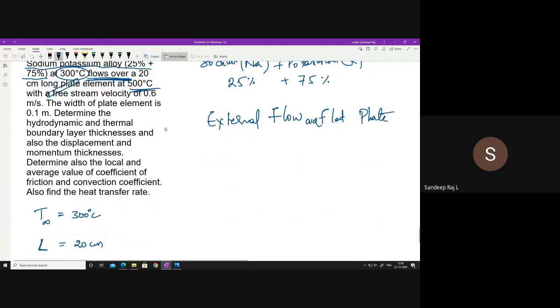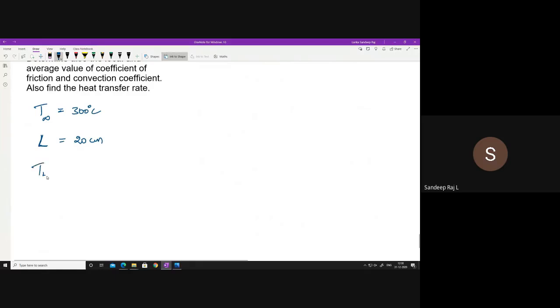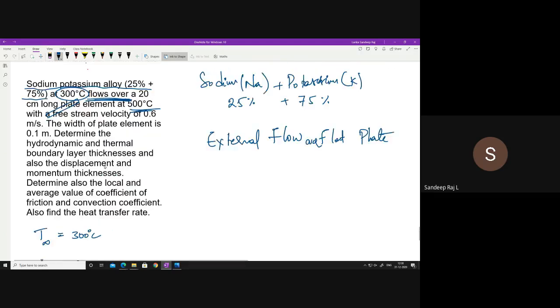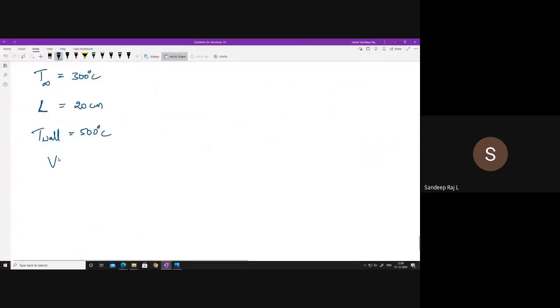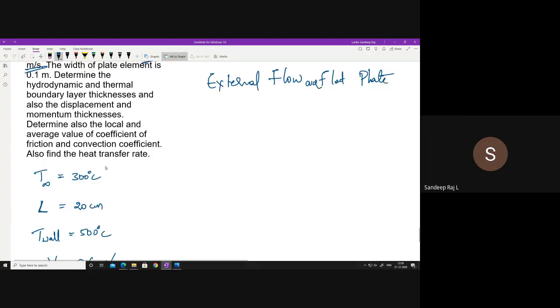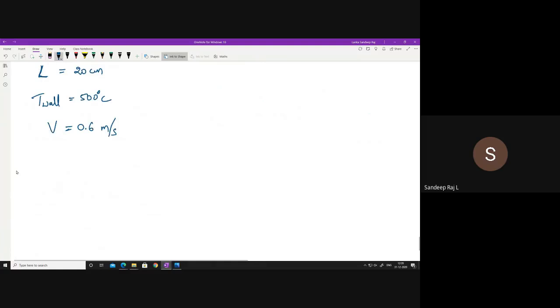The long plate element is at 500 degrees centigrade, so T wall is 500 degrees centigrade. Then a free stream velocity of 0.6 meters per second is also given, and the width of the element is given as 0.1 meter.